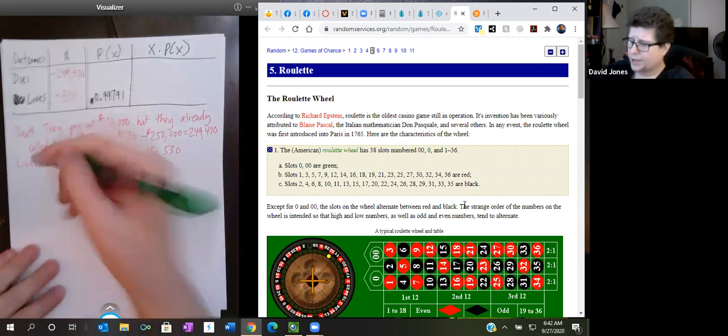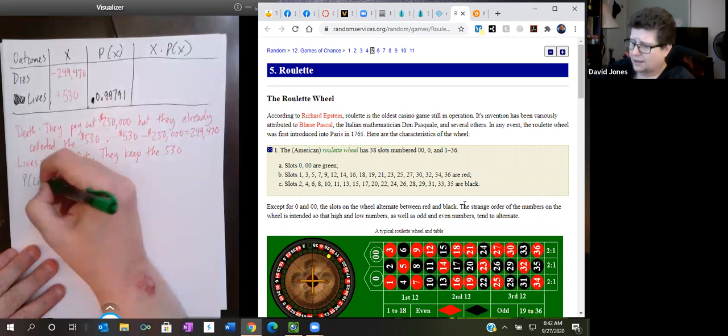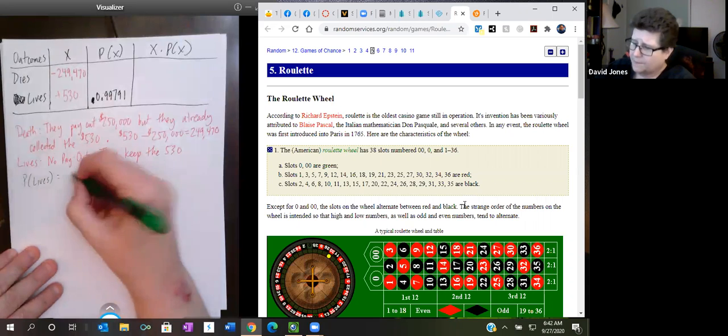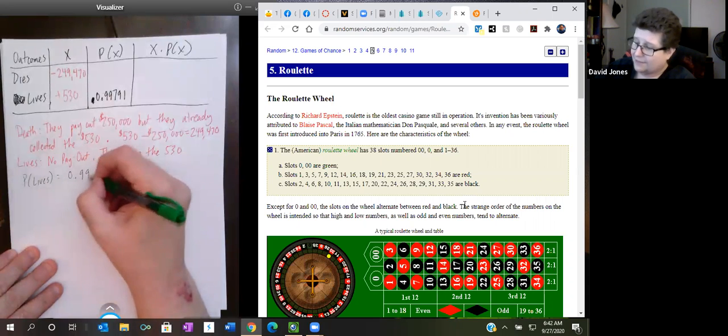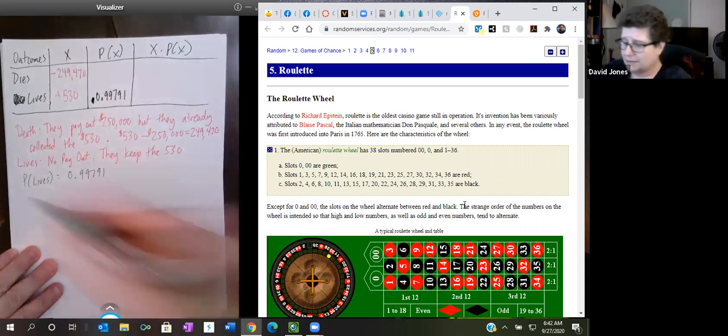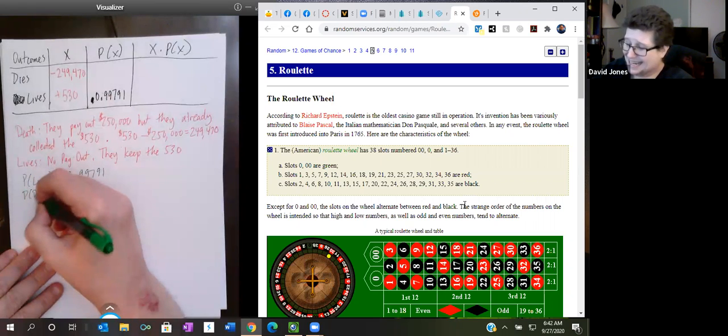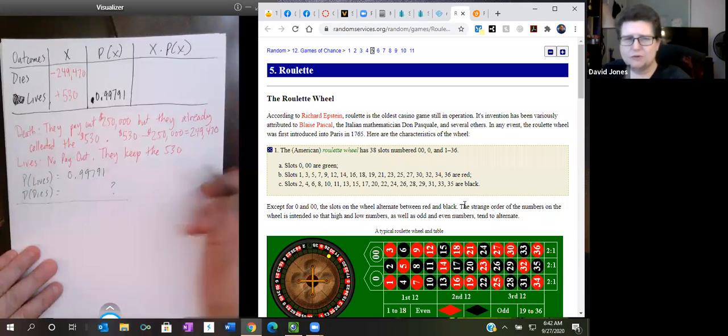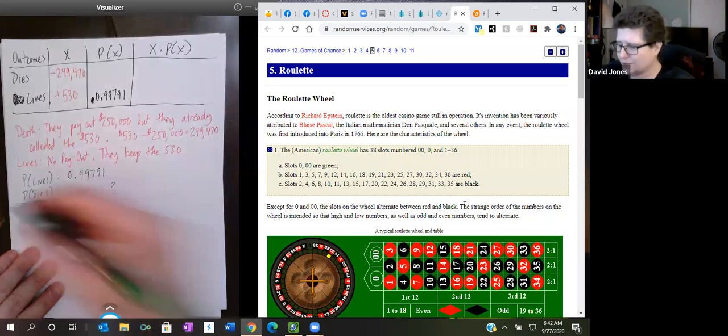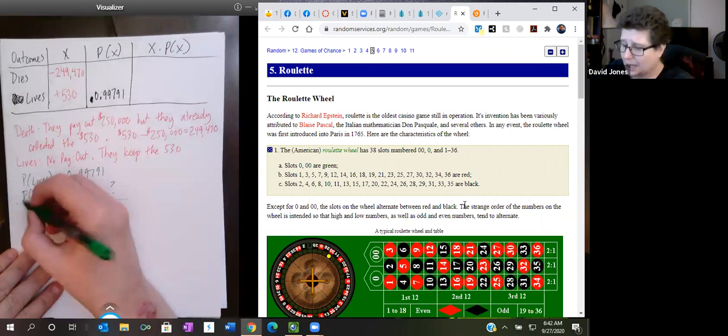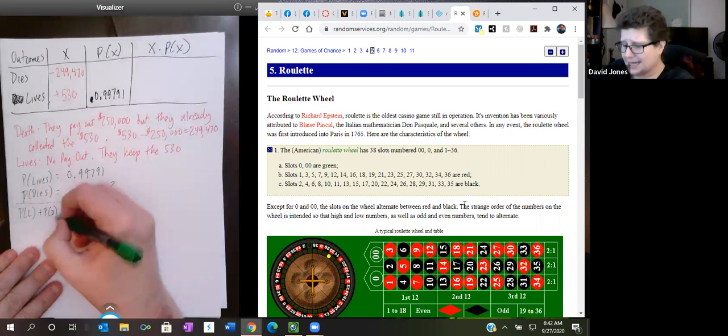So we know the probability she lives is 0.99791. The other outcome is the probability she dies. What does that equal? We don't know. We do know those are the only two outcomes, so these have to add up.